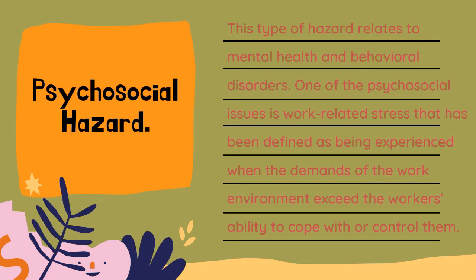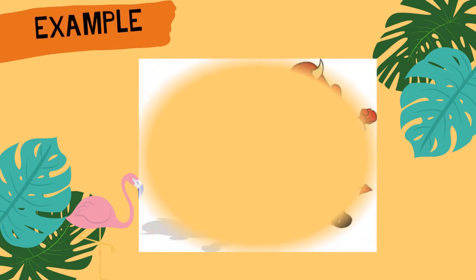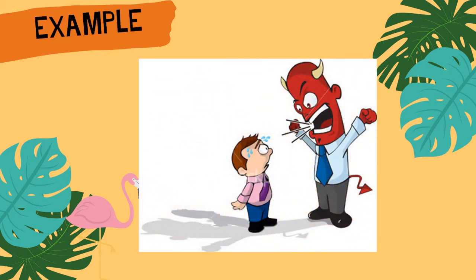Work-related stress may be an issue in some areas of the textile sector, being associated, for example, with repetitive and fast-paced work, and where the worker has no influence on how the job is done. An example under psychosocial hazard, based on this picture, is the boss being harsh to his employee.